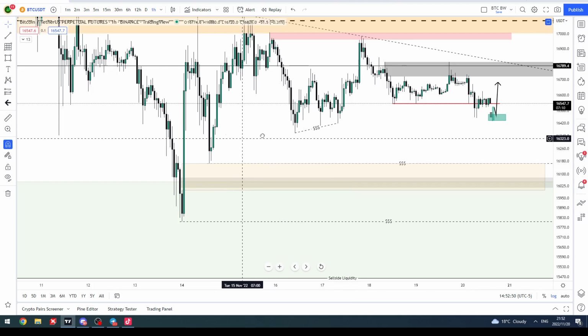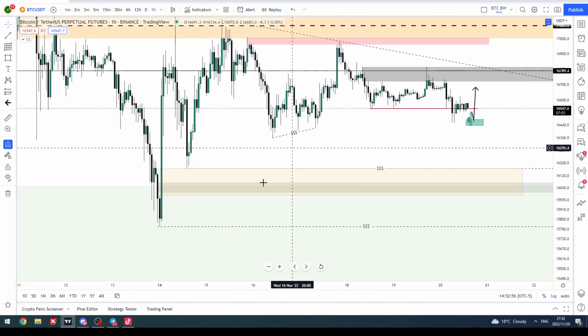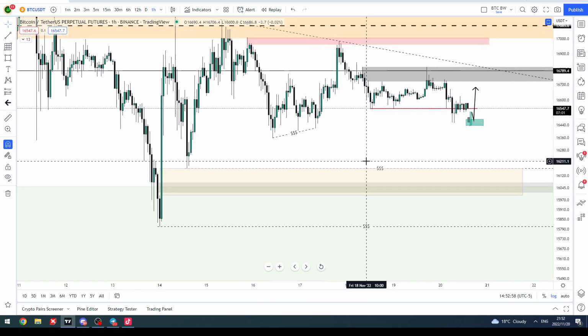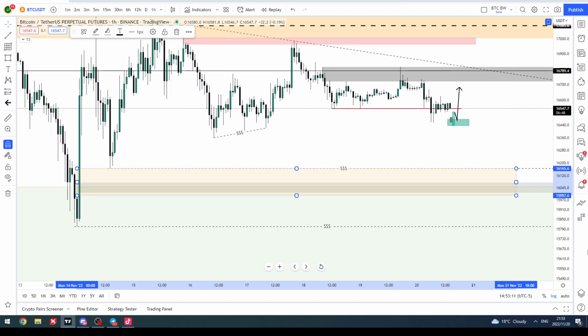Even if you took some sort of entry in here, the one thing you need to be aware of is you're not trading the actual level, right? So you're not going to say, this is a fair value gap, as soon as price comes in, what is this price here? It's 16,165.60.